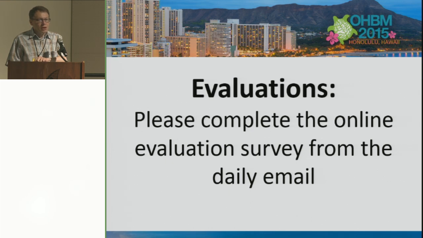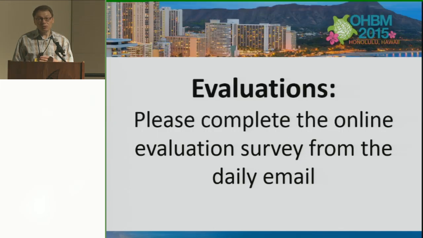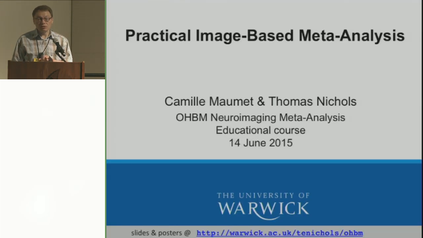So the purpose of this was to talk about practical methods for intensity-based meta-analysis. Now, the focus of this session has been on coordinate-based meta-analysis simply because there is more of that kind of data around.